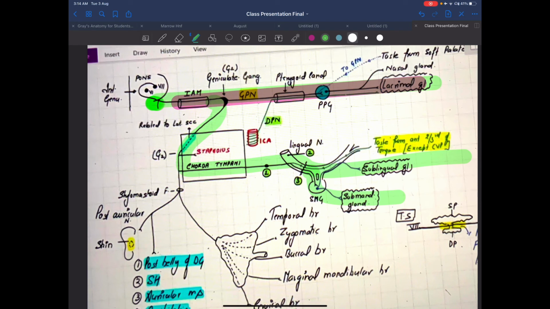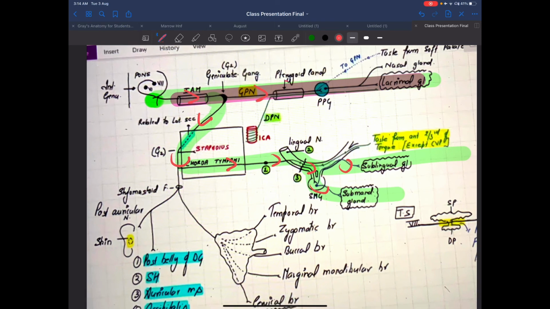Now what will happen is, whenever you have the sensations to secrete saliva, which is whenever you eat, whenever you're hungry, whenever you're thinking of food, a part of the sensation is going like this, but a part is also going from here to your lacrimal glands. What would that lead to? That will lead to release of tears, secretion of tears, even though only your submandibular and sublingual glands were stimulated.